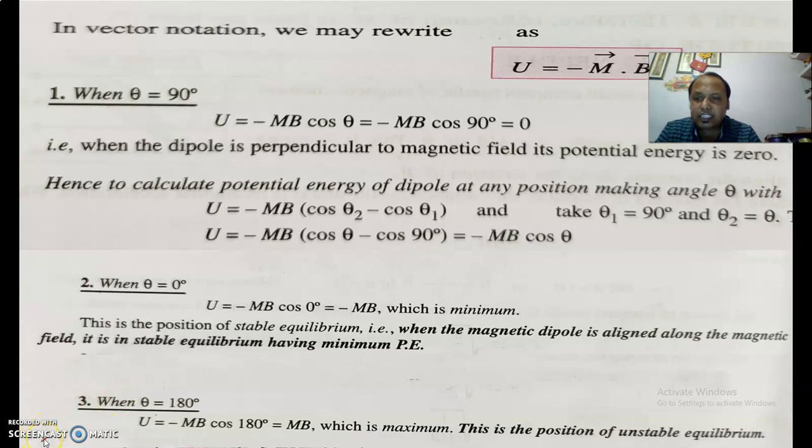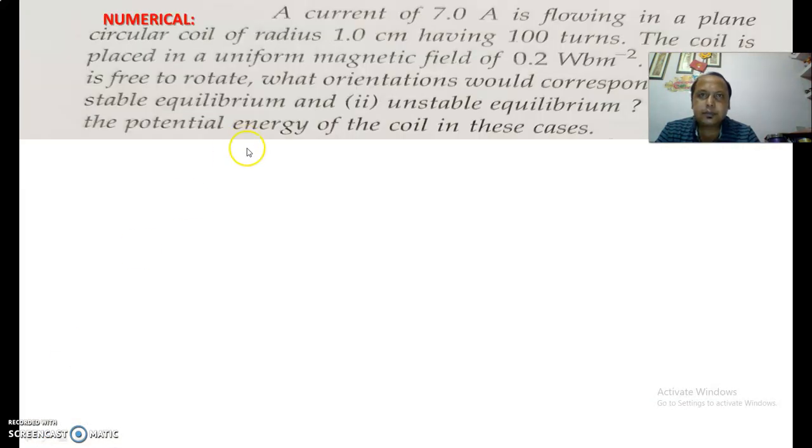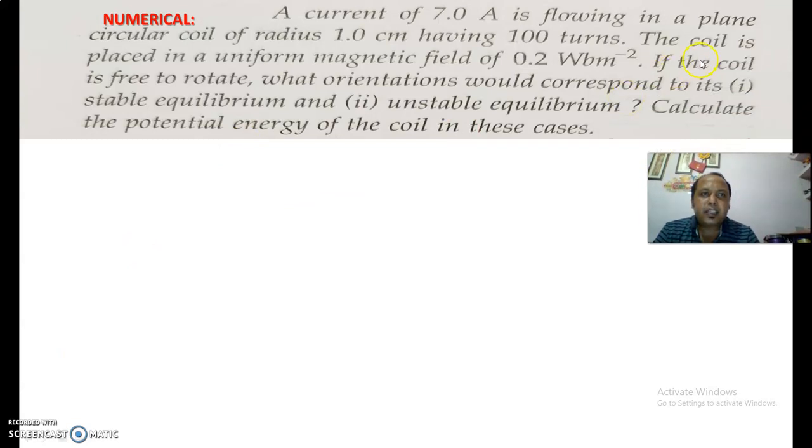So let us quickly see one of the numericals here. Suppose the current flowing in a plane circular coil of radius 1 centimeter having 100 turns is given. The coil is placed in a uniform magnetic field, which is also given. You have to find the potential energy in stable equilibrium and in unstable equilibrium.